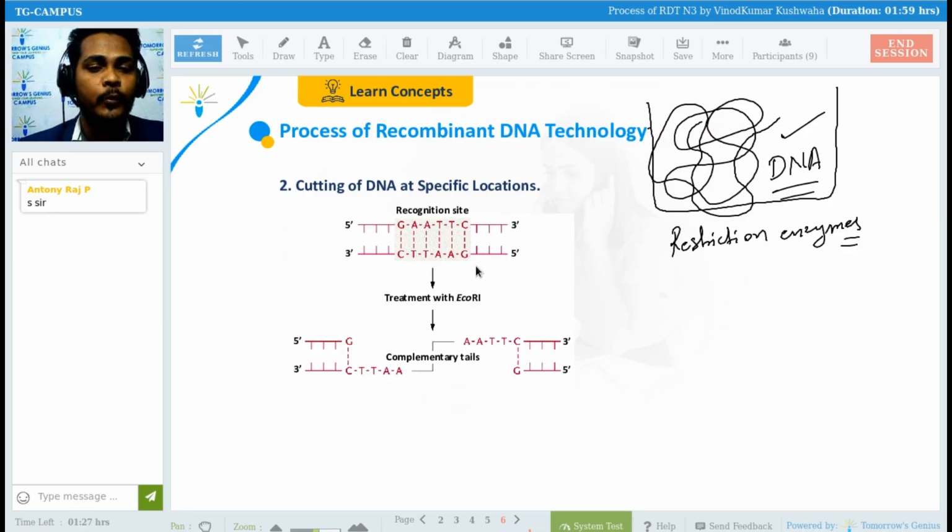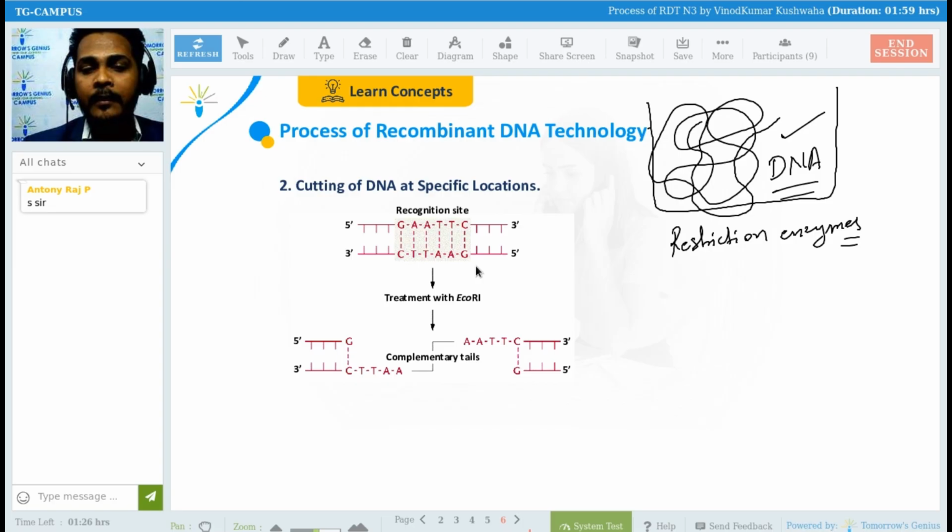So for the cutting we need to add restriction enzymes, right? So the DNA and vectors are cut at these specific locations.